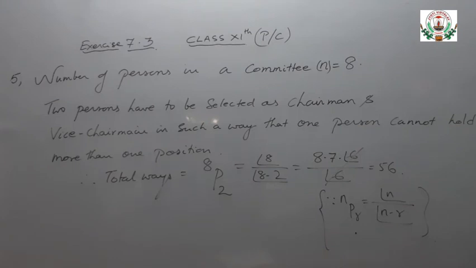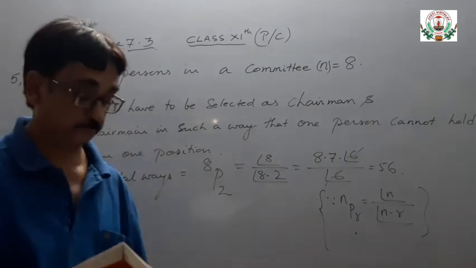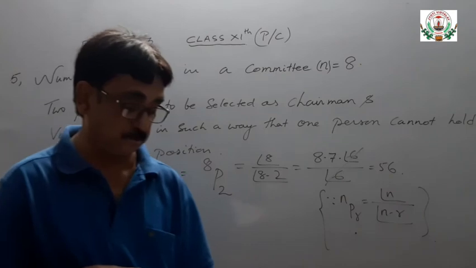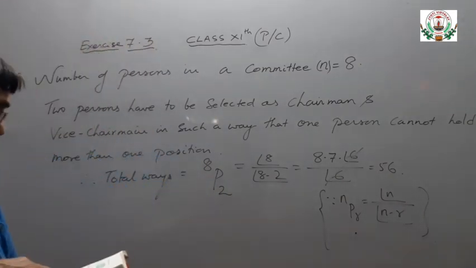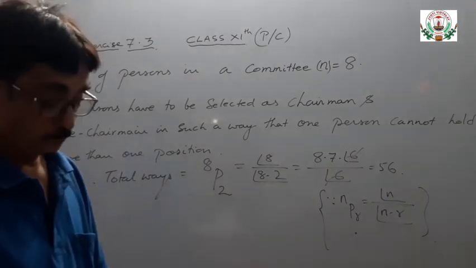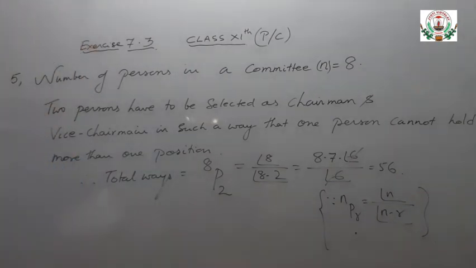Now question number 5. From a committee of 8 persons, in how many ways can they choose a chairman and a vice chairman, assuming one person cannot hold more than one position? So, question number 5, read it carefully.